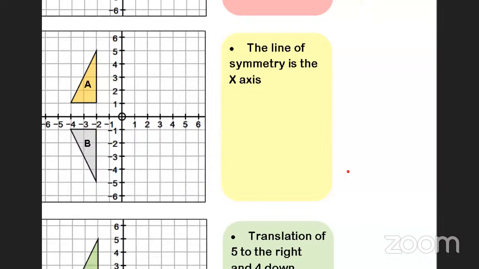What about the y-axis? If you reflect in the y-axis, what will happen? The x value will change sign.